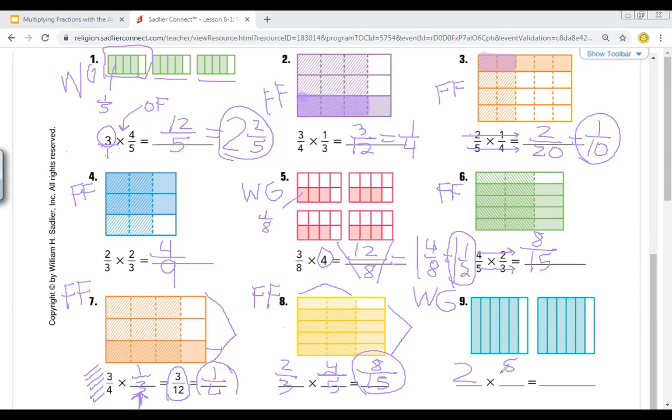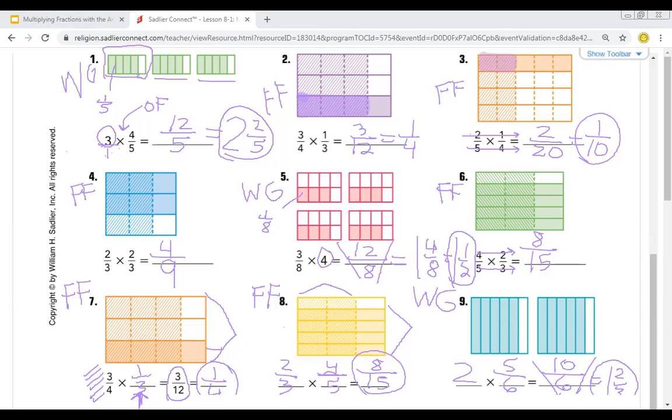So if I multiply the 2 groups of 5/6, how many sixths are colored all together? 10 of them. 1, 2, 3, 4, 5 in this one, and 6, 7, 8, 9, 10 in the next one. 10/6, improper fraction alert. It's 1 and 4/6, but I reduced it to 1 and 2/3. I was running out of space.